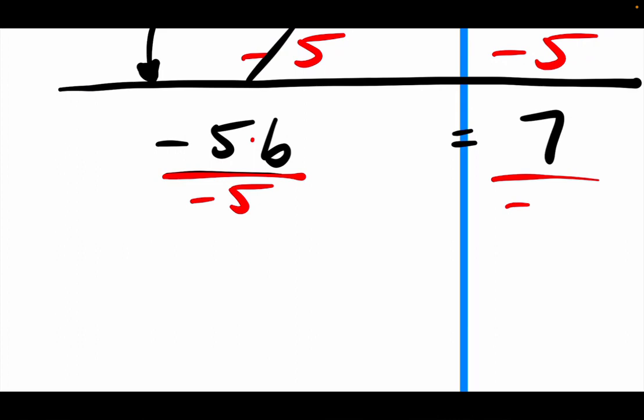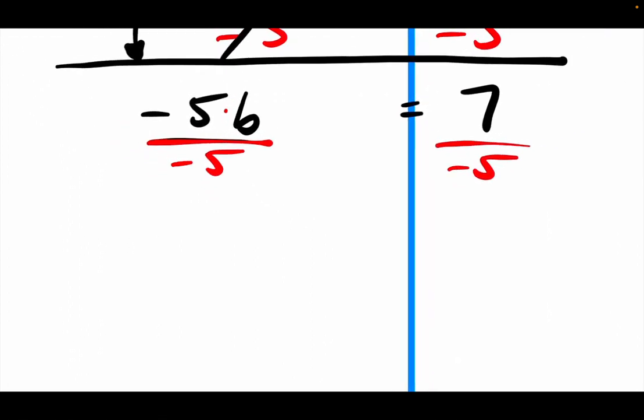You guys did this the other day. Negative 5 divided by itself is 1b. Does 5 or negative 5 go into 7 evenly? No, right?